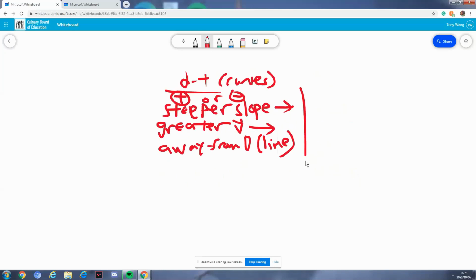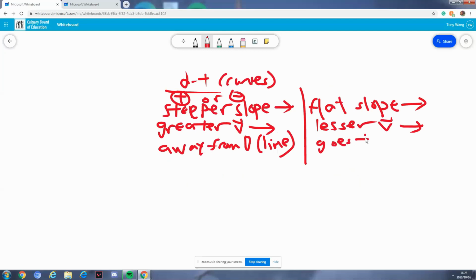Okay? And then if there is a flat slope, it means the speed gets less and less, so it goes to 0. And it is a line, positive or negative.